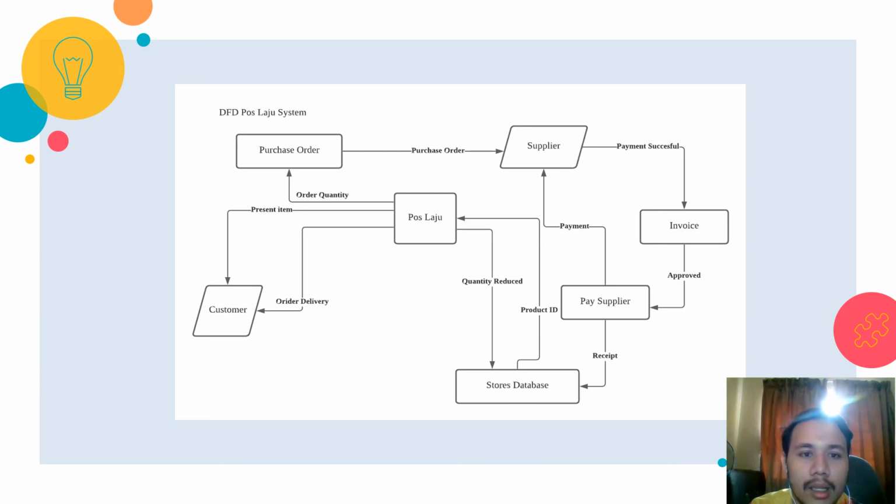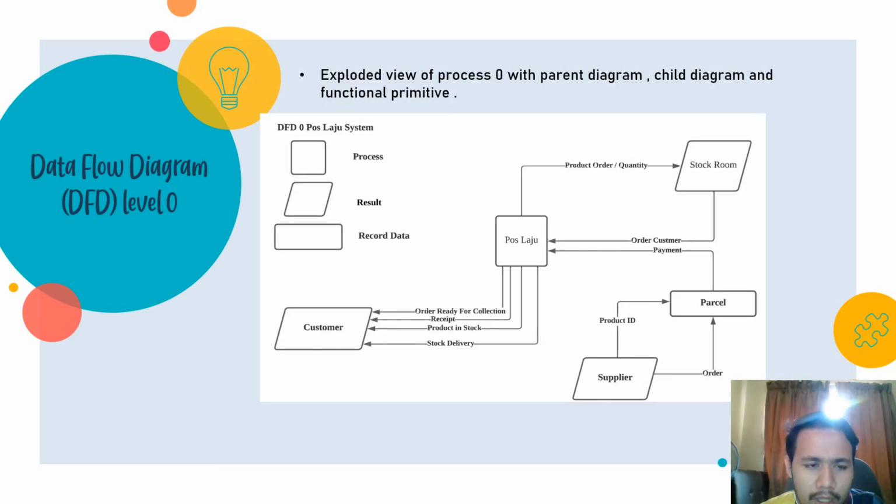Okay, we look at, okay, this is the DFD level 0 diagram. From the supplier will give the order, and the name is the parcel. Okay, after the payment is successful, the supplier will post to Pos Laju, and Pos Laju will pass the parcel to the storeroom to know the quantity.